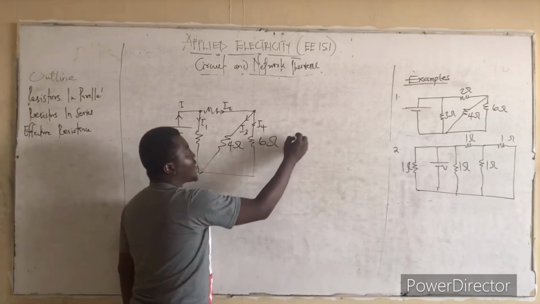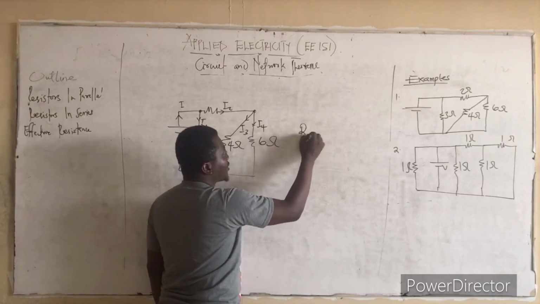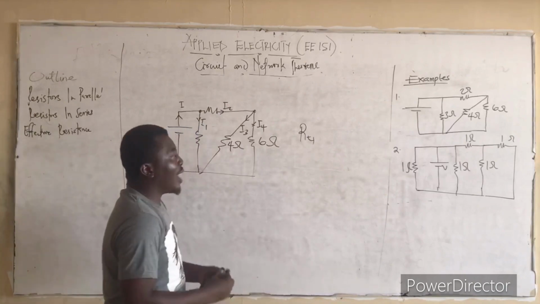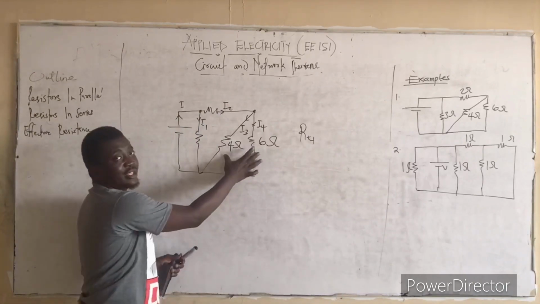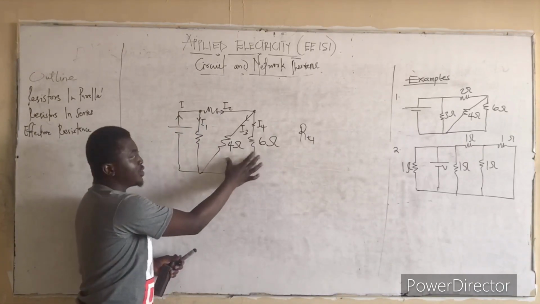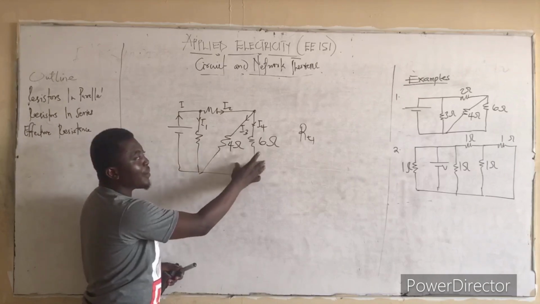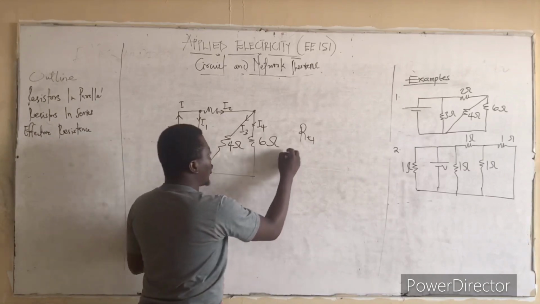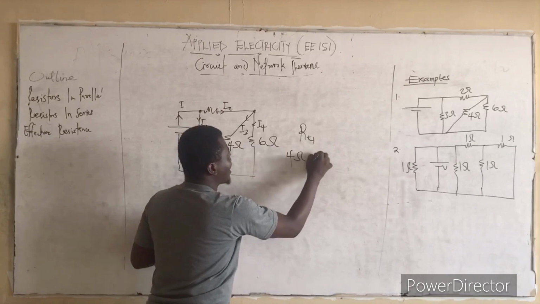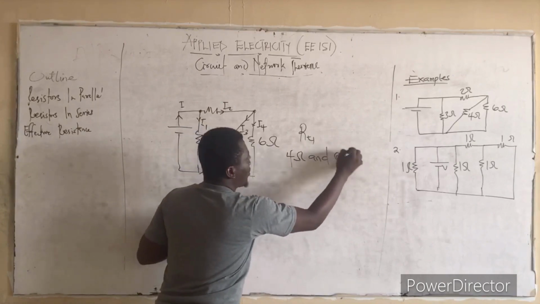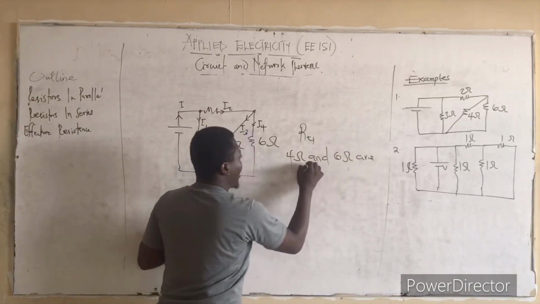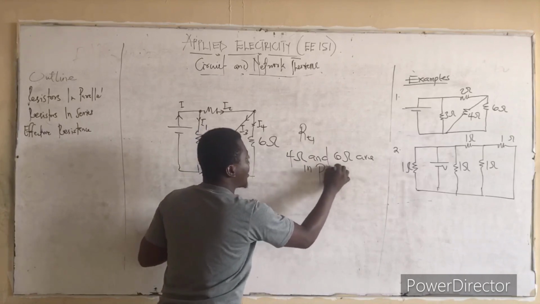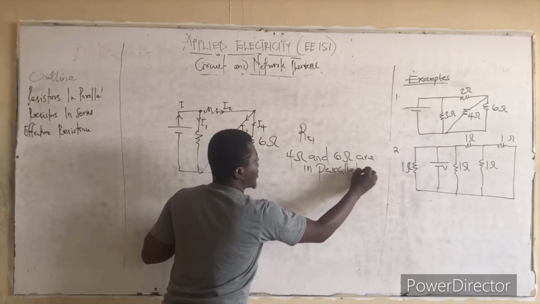So we will start by finding your RT1. Your RT1 will be between these two. And between these two, you can see that there is a parallel connection. So 4 ohm and 6 ohm are in parallel connection.